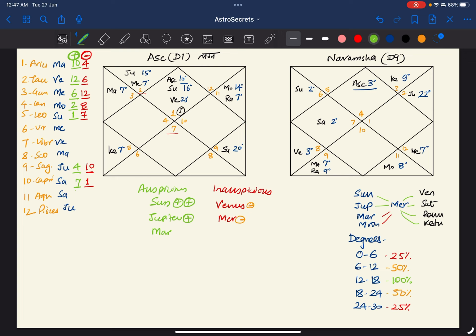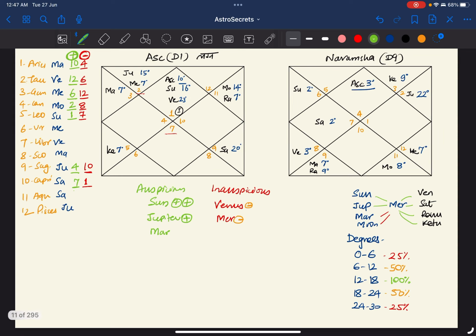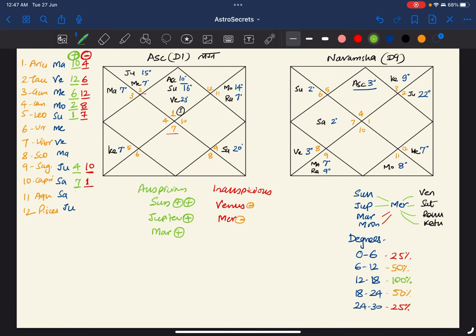Second, it is there in the house which it itself has given, the third one. Okay, so Mars.